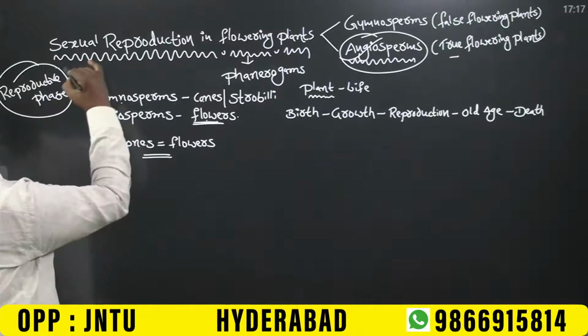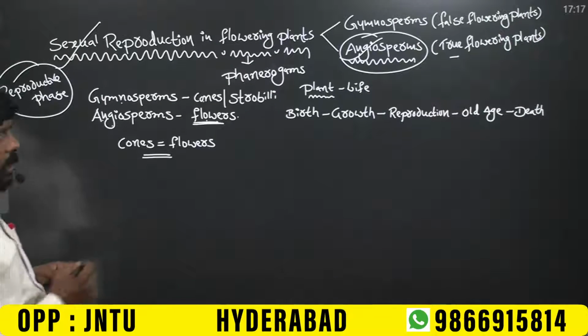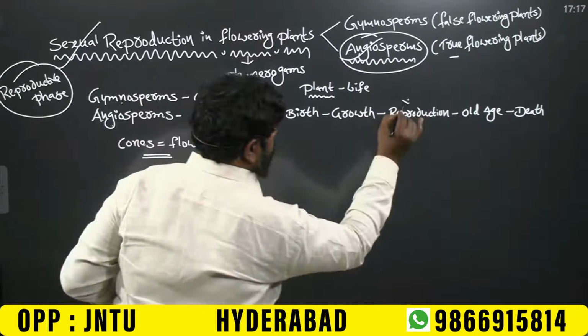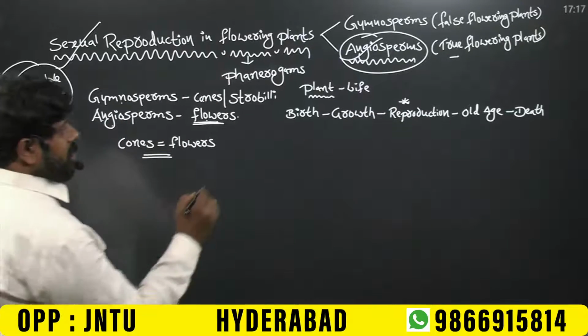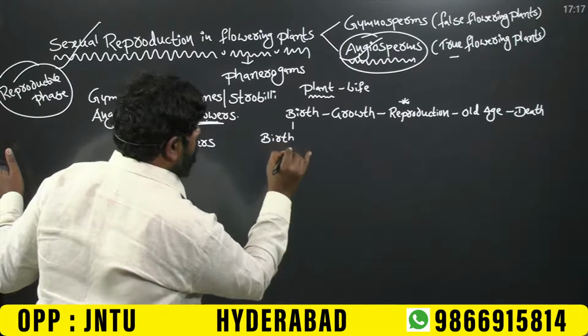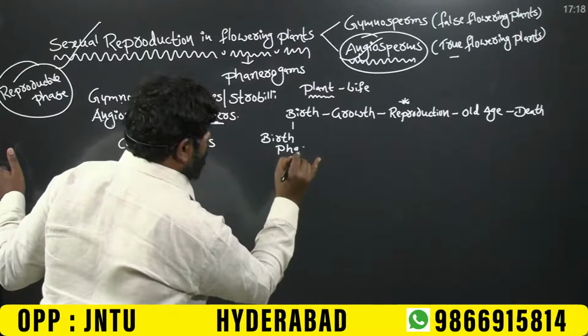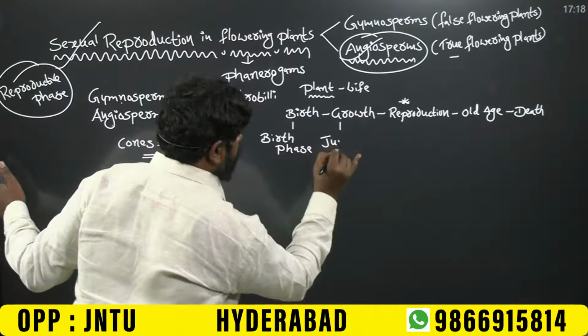So what is our lesson name? Sexual reproduction of flowering plants. This lesson comes from reproduction only. Birth comes under the birth phase. Growth comes under the juvenile phase.